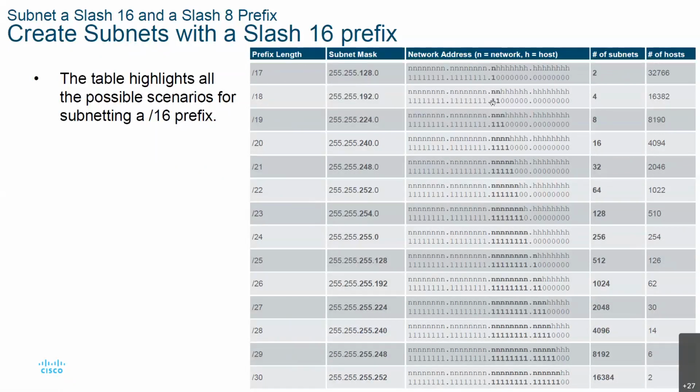When you're borrowing 2 bits, that means 2 to the power of 2, so /18 gives 4 subnets, and so on. /19 gives 8 subnets. If you're taking a /16 and making it /24, you are creating 256 subnets. /29 gives 8,192 subnets. As a network engineer, it will be good for you to have this table and refer to this table.